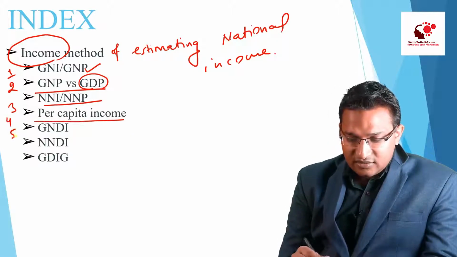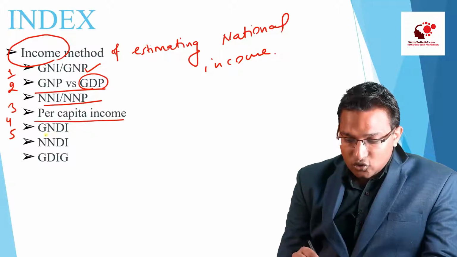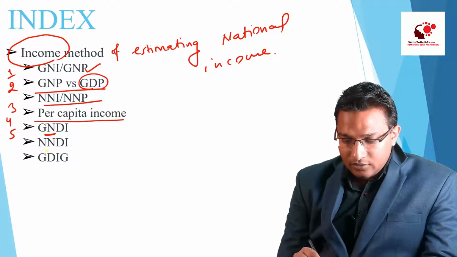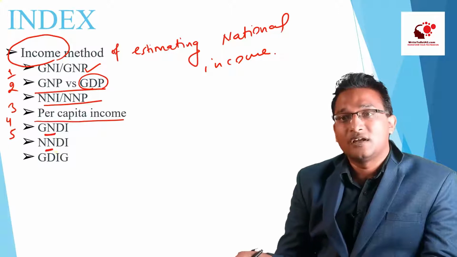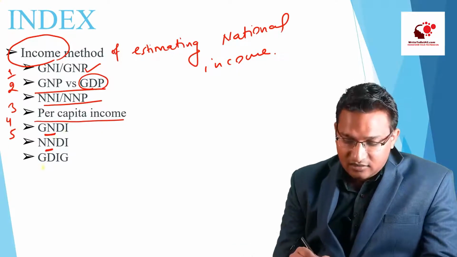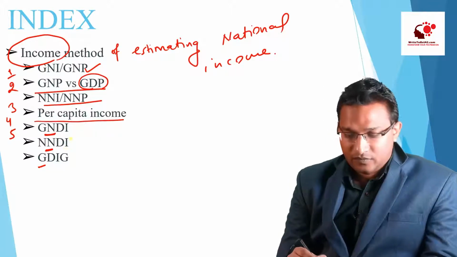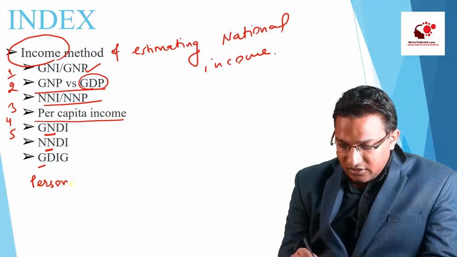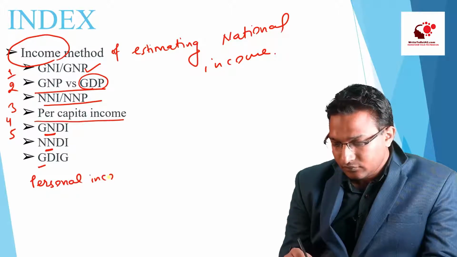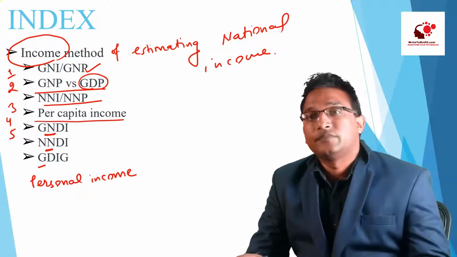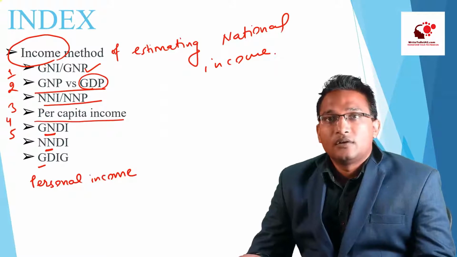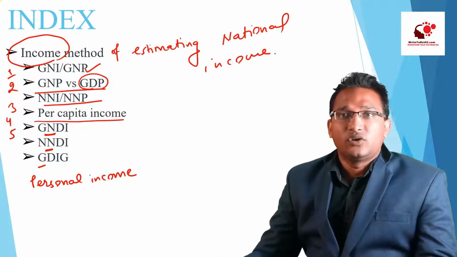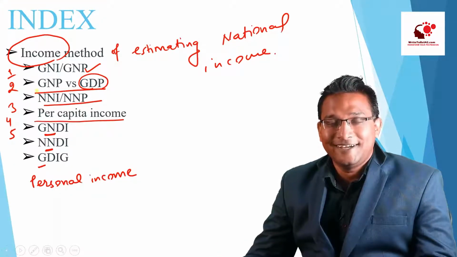After that we will discuss the gross national disposable income, the net national disposable income, and the government disposable income, right? And then we will also discuss the meaning of personal income. So these are the things that we are going to discuss in this particular session, right?